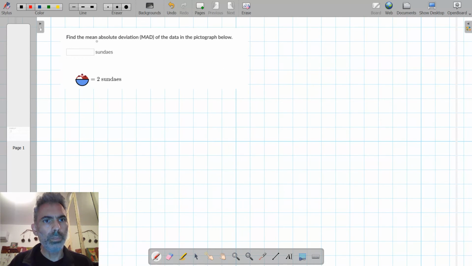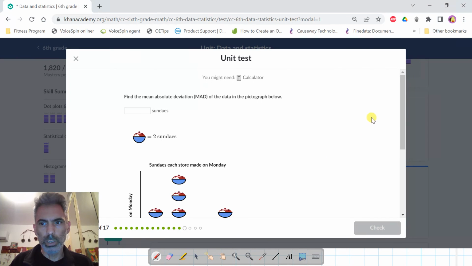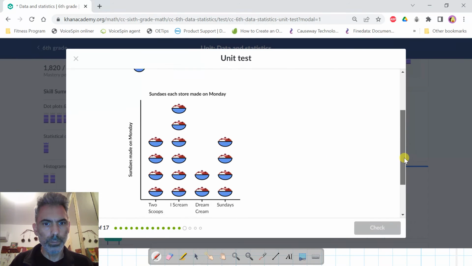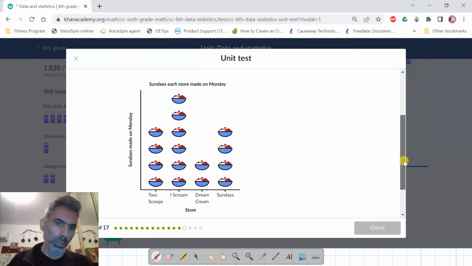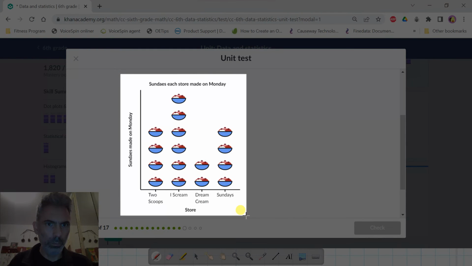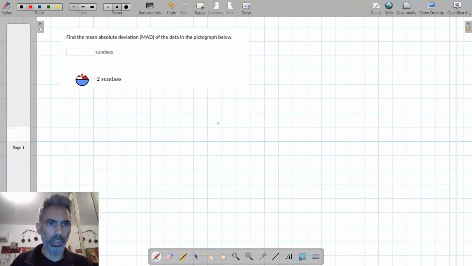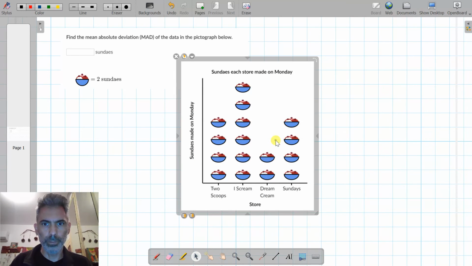Find the mean absolute deviation of the data in the pictograph below. So each symbol represents 2 Sundays.